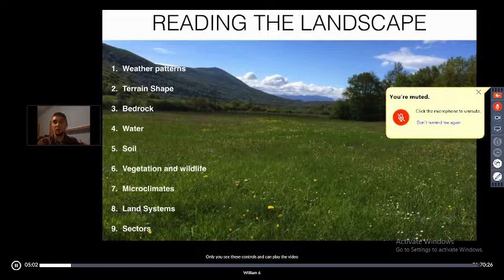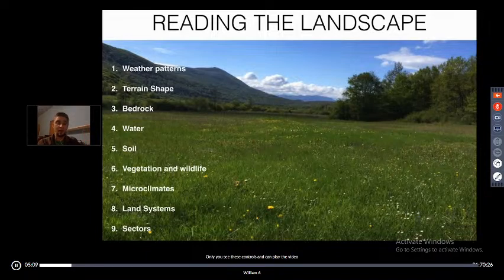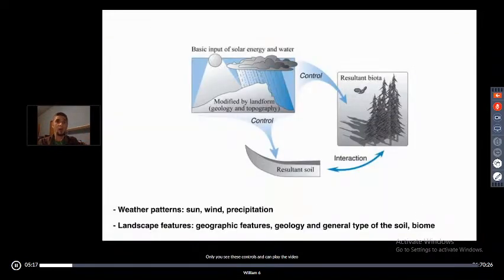And for the sector map, we need to be aware of the energies that are coming from outside the site, and outside the site means the weather pattern mostly. So I did include the weather pattern here as well, and as I said, we're going to look at the whole picture. So the basic input of solar energy and water comes from the weather.